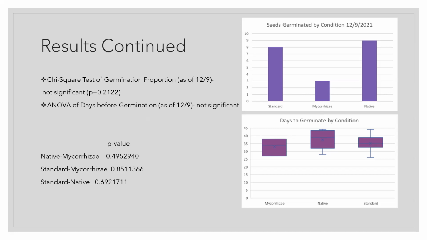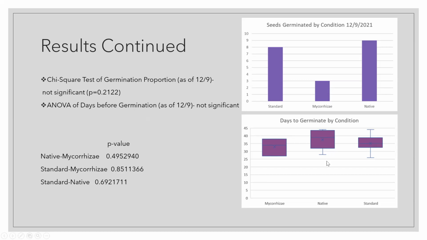I would guess that if that is the case in the long run, it's possibly because the mycorrhizae aren't species specific to the huckleberries. So generic mycorrhizae are not going to help, maybe even harm.